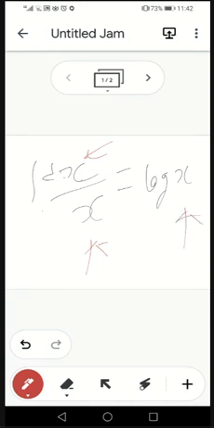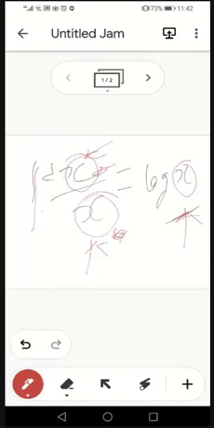Integration of the derivative of the denominator divided by the denominator equals log of the denominator. Means what? Differentiation of x divided by x. Here this one and this one are same. So log of this differentiation should be in the numerator, and this x and this x should be same. So log of the x, right?